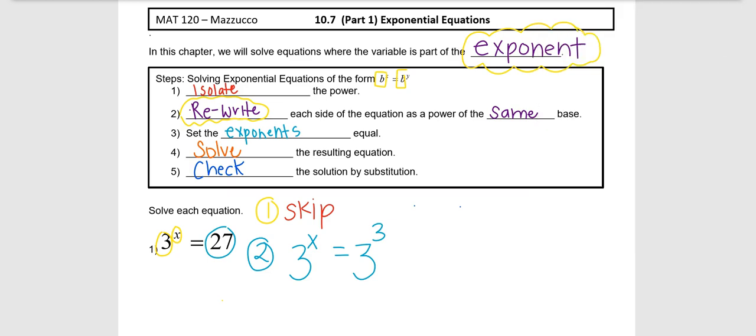So that was step two. We want to change them so that they have the same base. So a good thing to try is take the smaller number and see if the bigger number can change into that base. So since the smaller number in this problem was 3, I try to see if I can take 3 to some power to make 27. So that was step two.